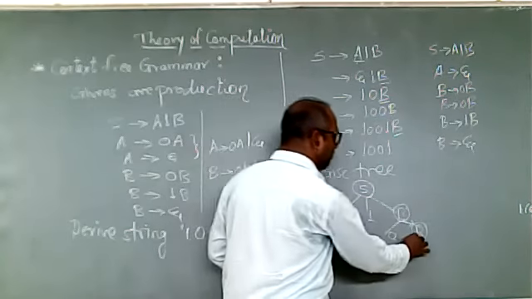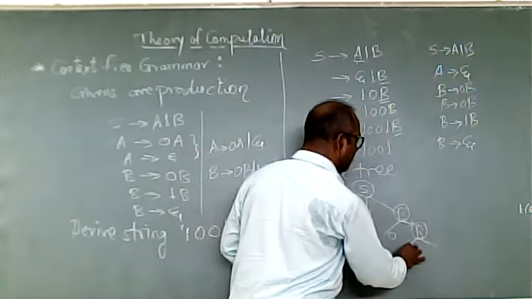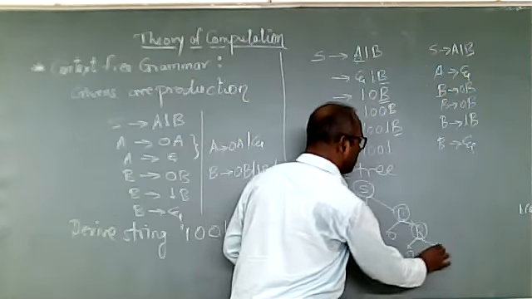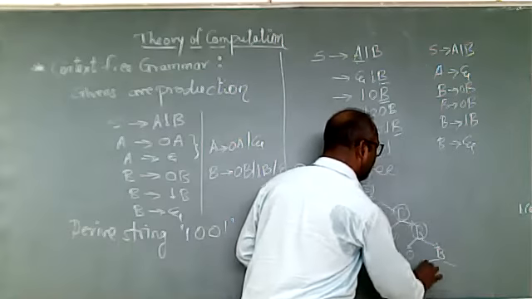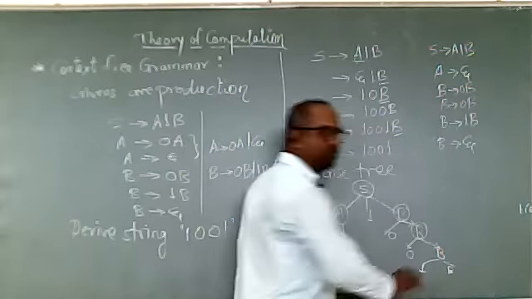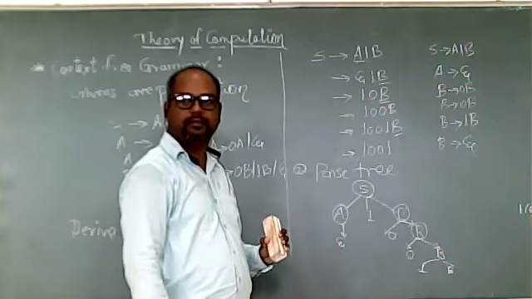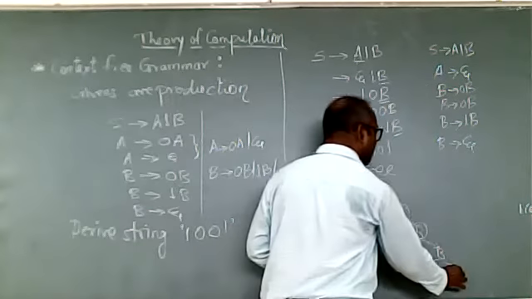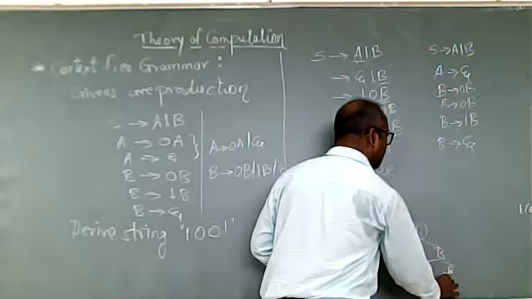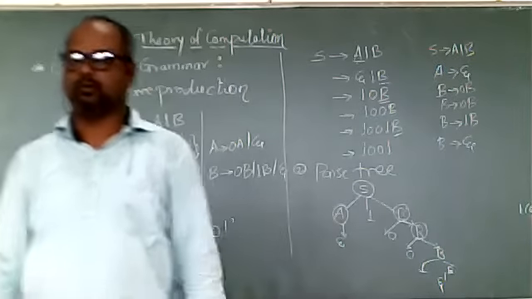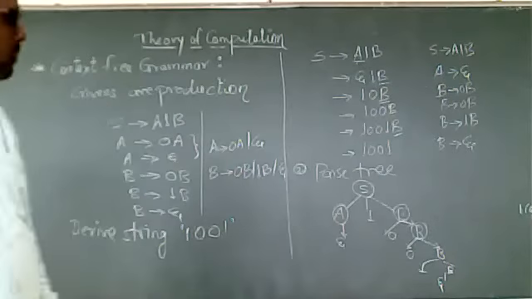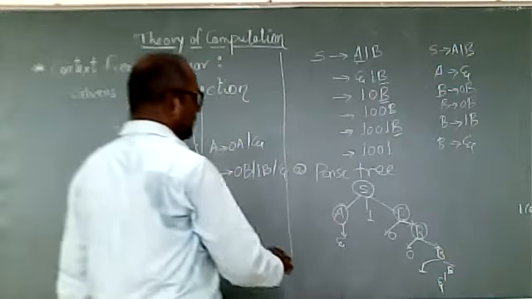Again this B with 0B. This B again with 1B. And at the end, this B will be epsilon. So this is the tree.